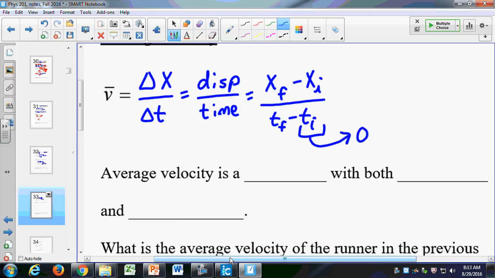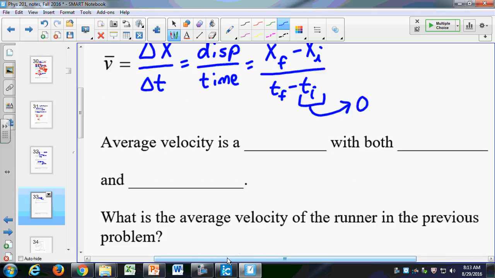Average velocity is a vector with both magnitude and direction. So if I have the runner going around the track in 60 seconds, 400 meters, what is his average velocity? It's going to be 0, right?